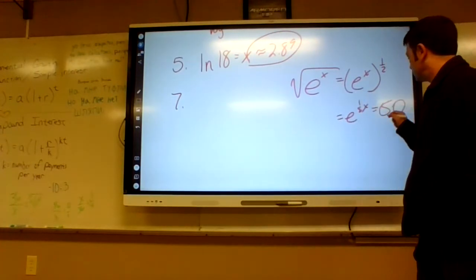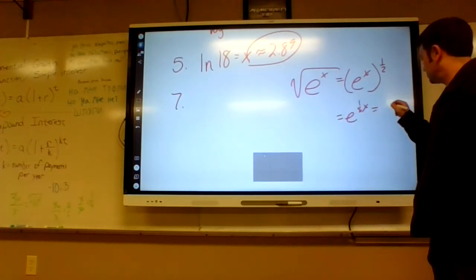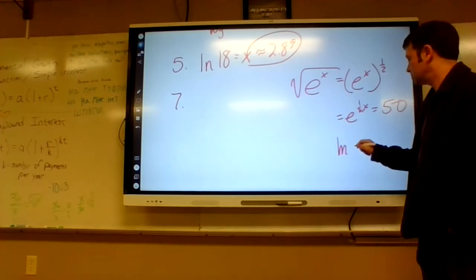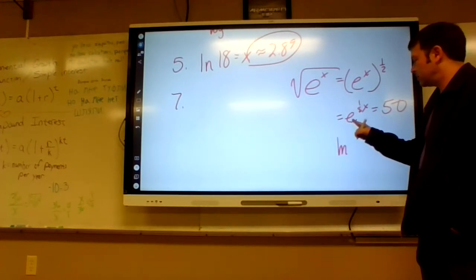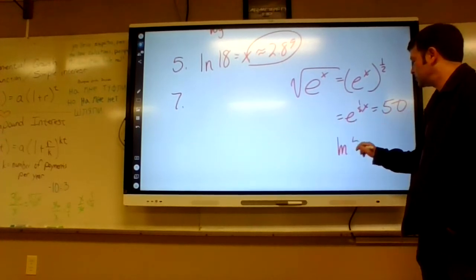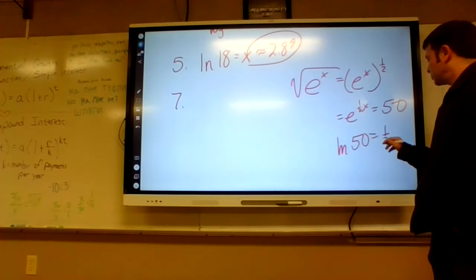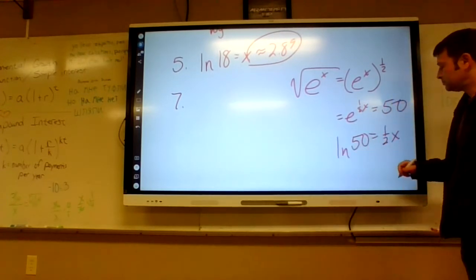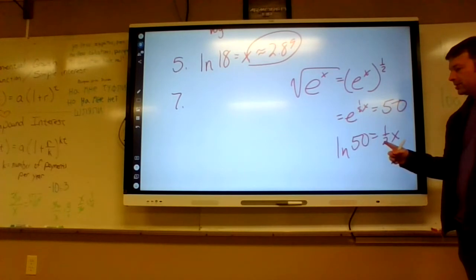Now we can do it. So we do natural log of 50 times 0.5. Yeah, log base e, or natural log of 50 equals 1/2 x. So then we divide by 2. Well, not quite.